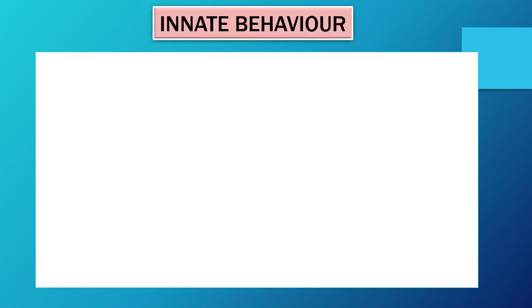There are different types of animal behavior like innate or instinct behavior, learned behavior, aggressive behavior, social behavior, etc. Before broadly explaining the topic reflex, we should first know what innate behavior is, as reflex is a part of the innate behavior.